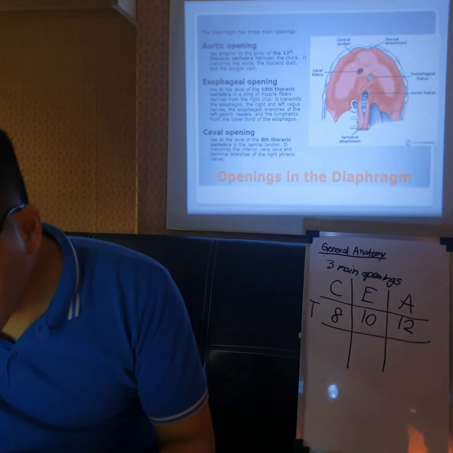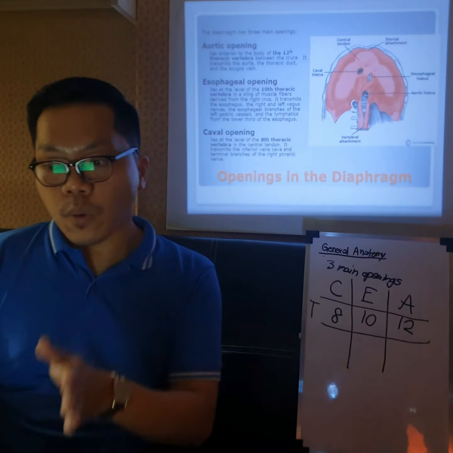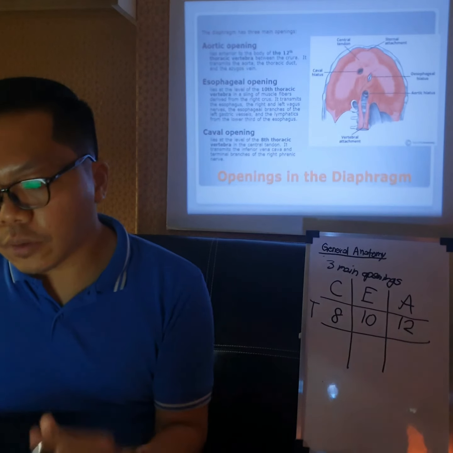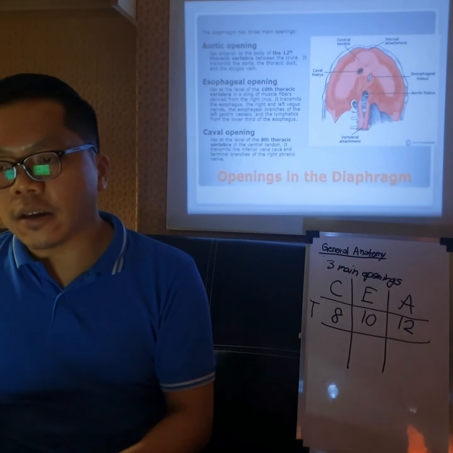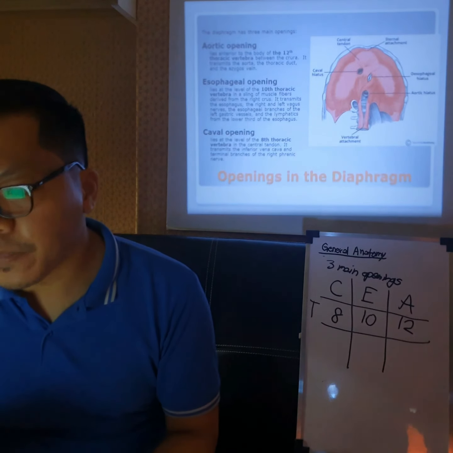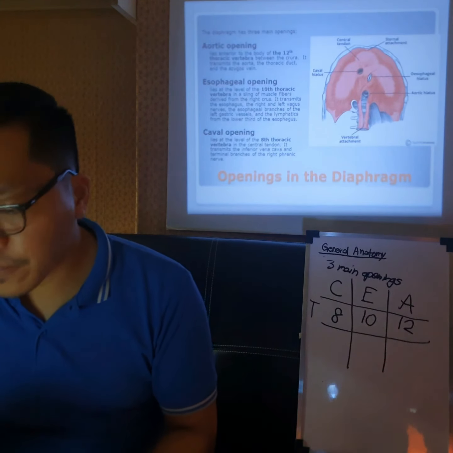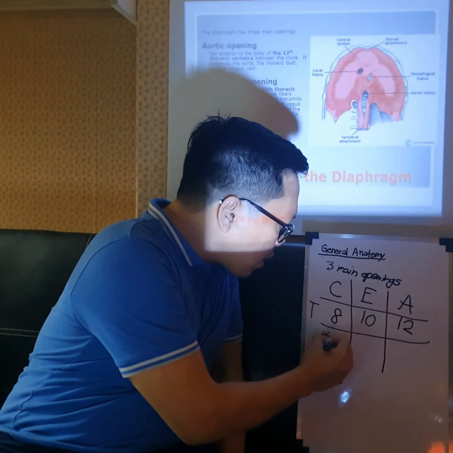And what else do we have to remember? We also have to know anong mga structures yung nagpa-pass through sa kanila. Well, sa caval opening, we already mentioned inferior vena cava. But what else? So, dyan din nagpa-pass through ang what?